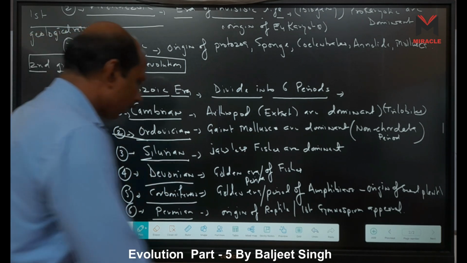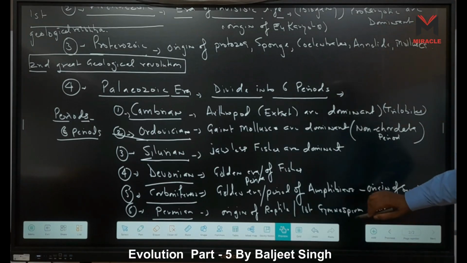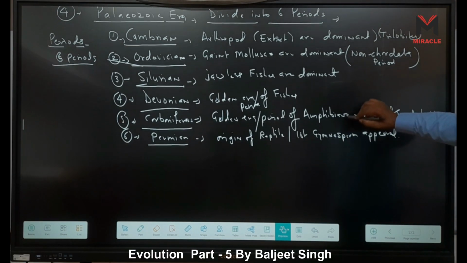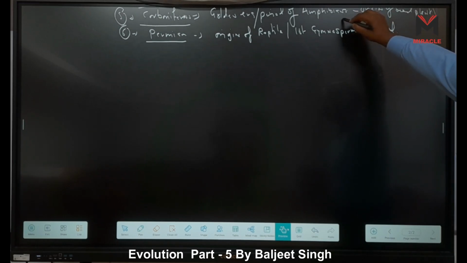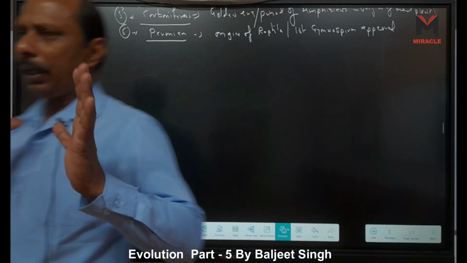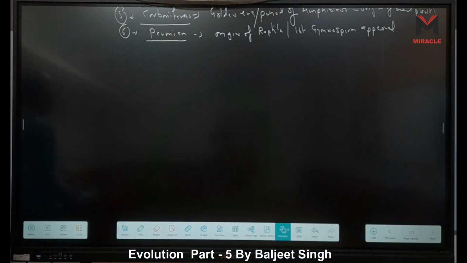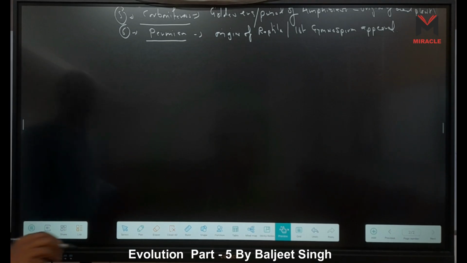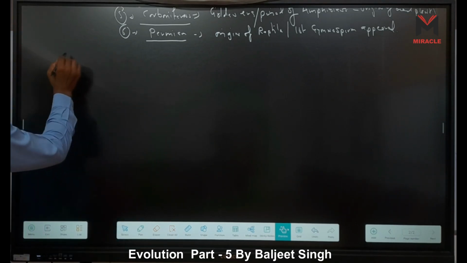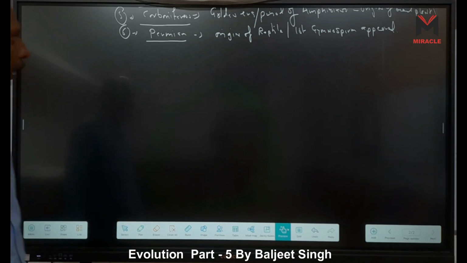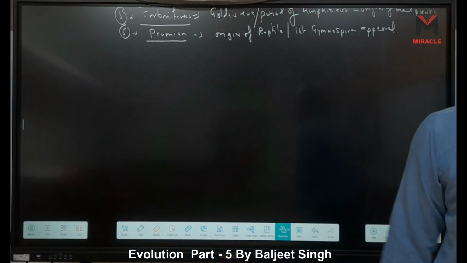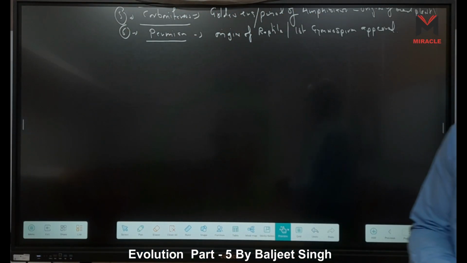Now, after Paleozoic, what happens? A new revolution is there, and this revolution is because here a mountain range is formed, and on the basis of this mountain range, this name is given in this era. Which mountain? Appalachian mountain, right? It is called the Great Appalachian revolution. Why the name Appalachian?